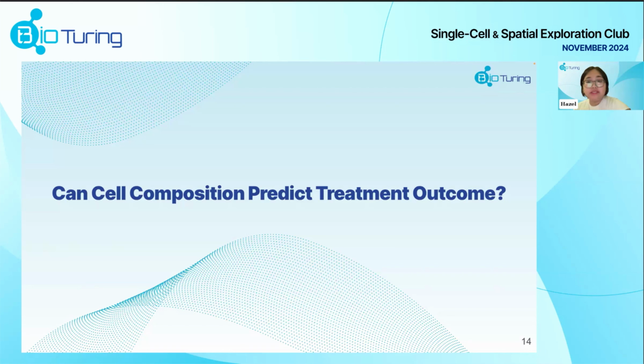Okay, Julie, could you please elaborate on findings regarding the potential of cell composition to predict the treatment outcome? Right. So in the data set, the authors treated both conditions with anti-TNF, and then after treatment, they classified patients into two groups.